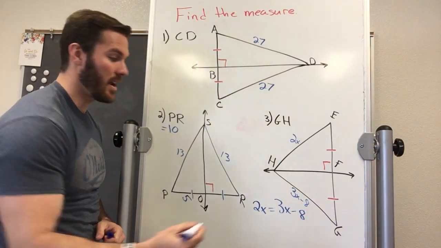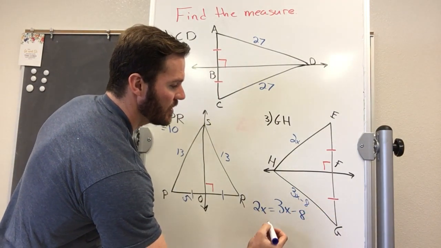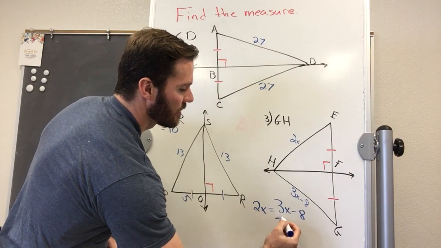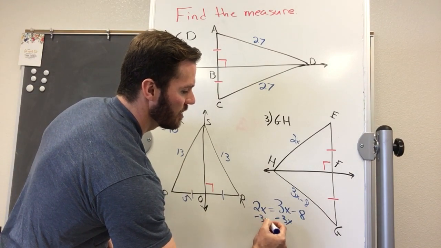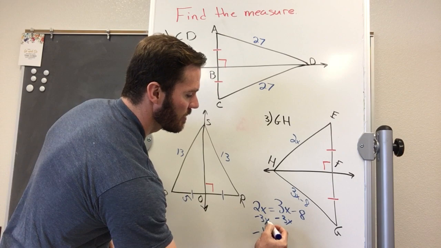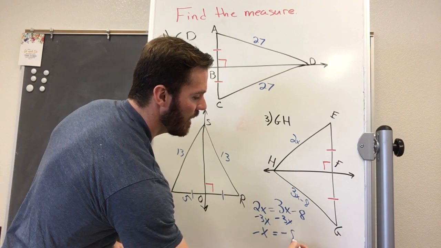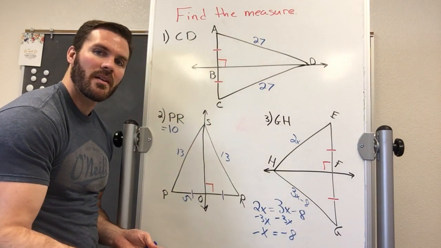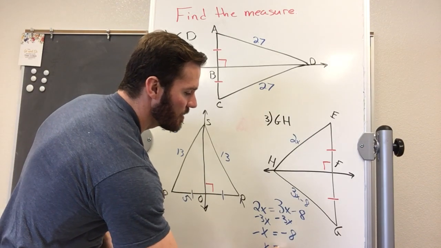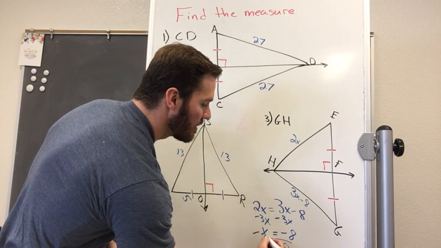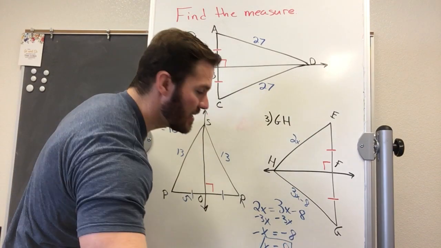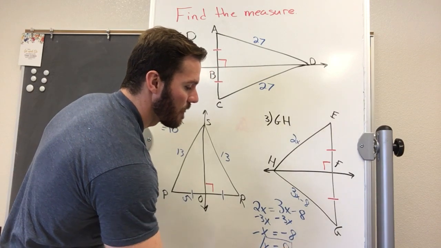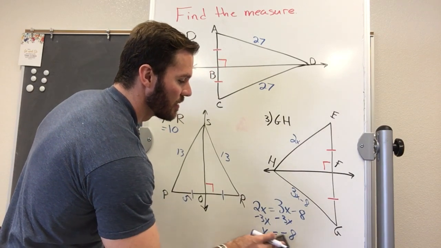We can solve for x. So let's see, I'm going to subtract 3x on both sides. I get negative x equals negative 8. And if you multiply those both by -1, that's just the same as x equals 8. Oh, well, that's not the answer. My bad. That just gives us x.